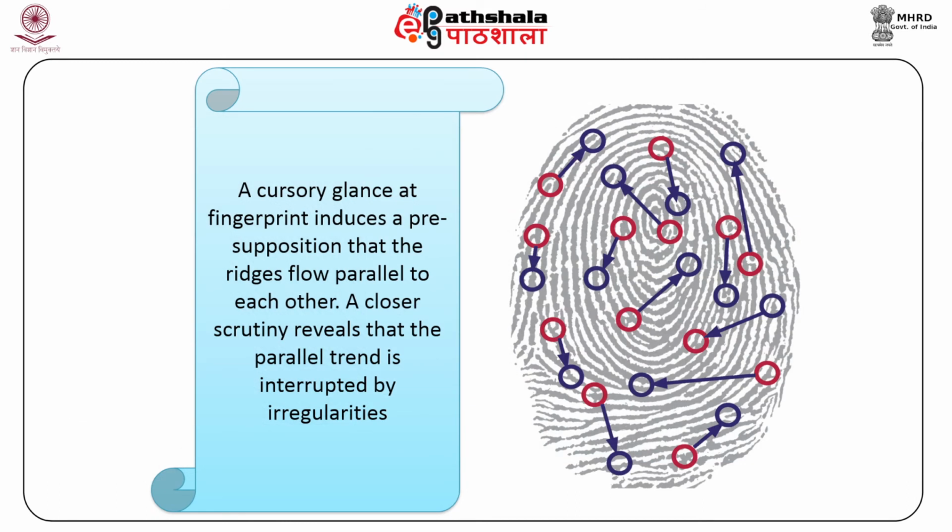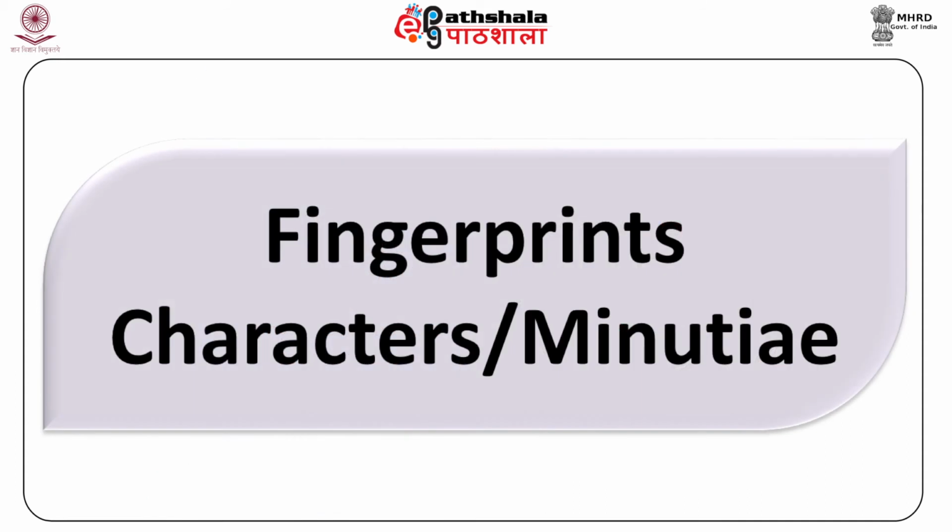A cursory glance at a fingerprint induces a presupposition that ridges run parallel to each other. However, a closer scrutiny reveals that the parallel trend is interrupted by irregularities known as fingerprint characteristics or minutiae.